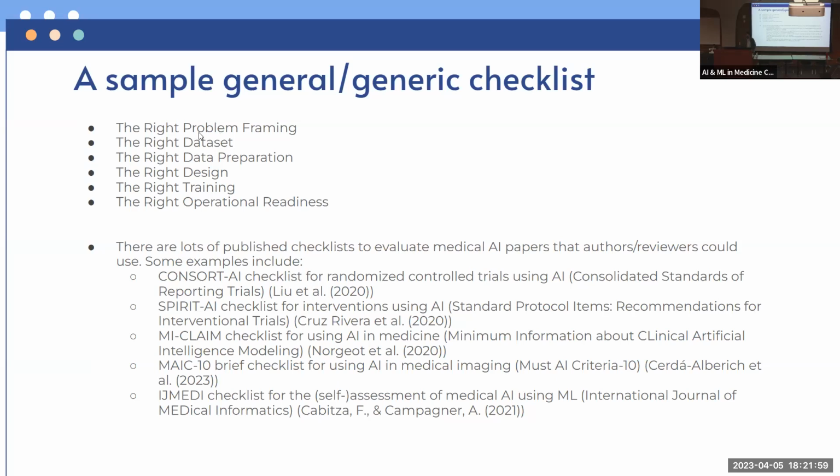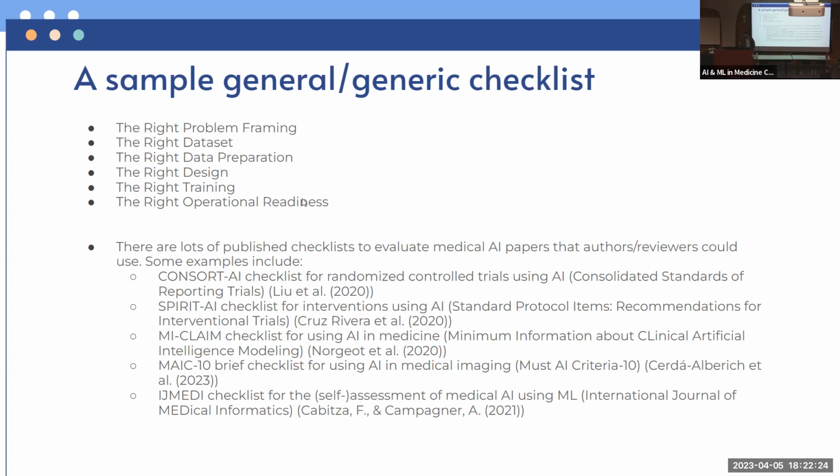Have they used the right data set for what sort of problem they're looking at? What's their data preparation step? What exactly have they done on the data before they do any sort of processing on it? Is this the right design? Is the model they've used the best model they could have used for this? Have they gone through the right training steps?